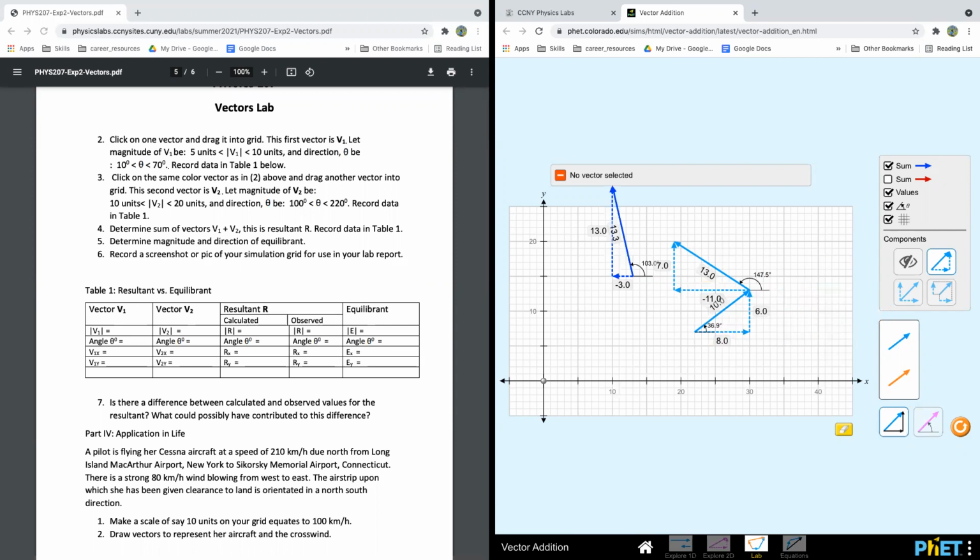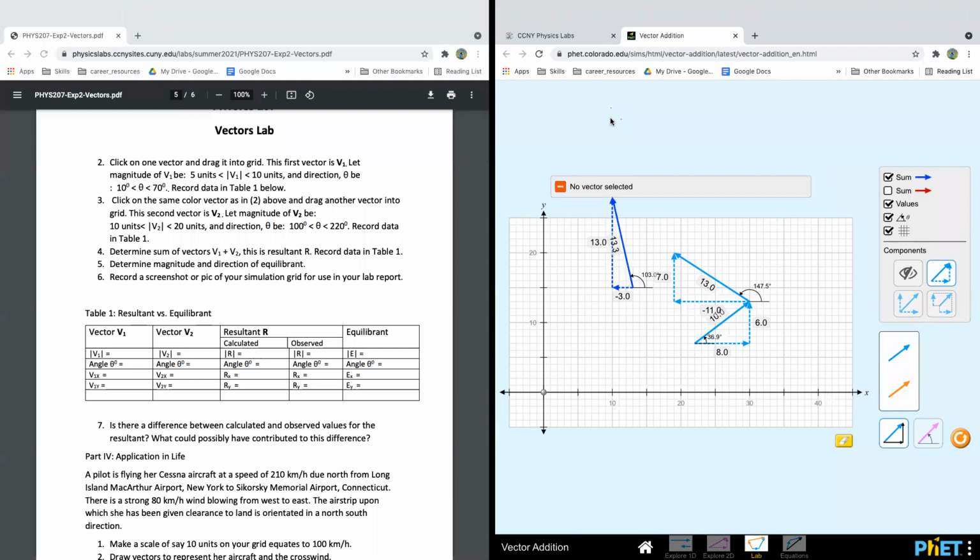Let me write down something here. So Rx equals V1x plus V2x. Ry equals V1y plus V2y.